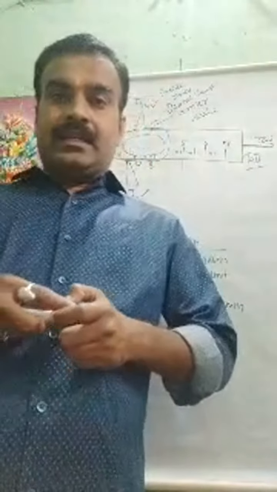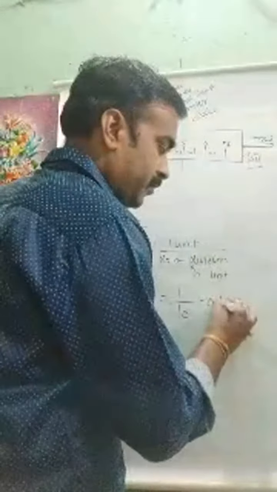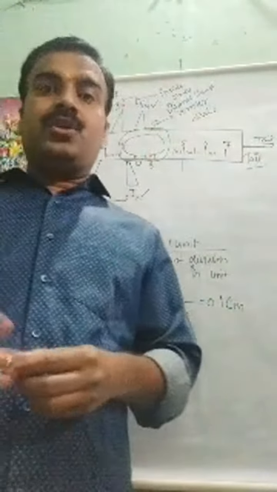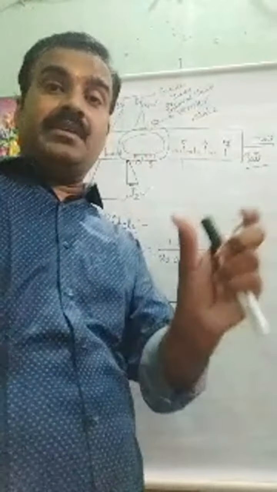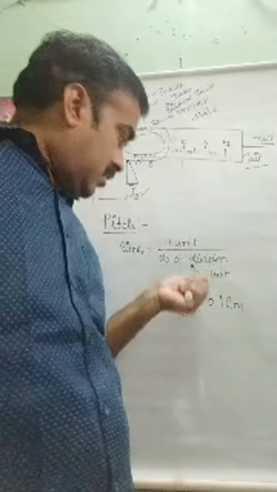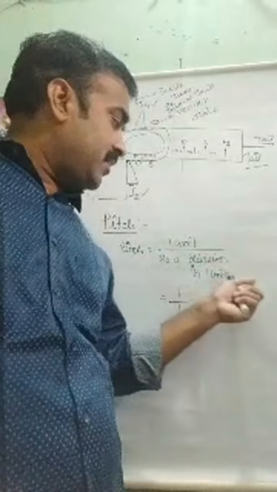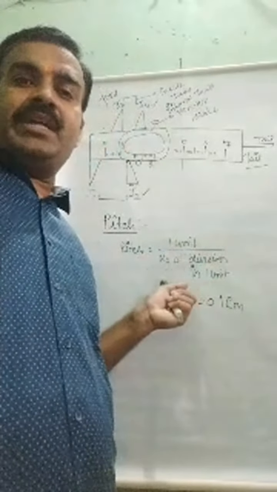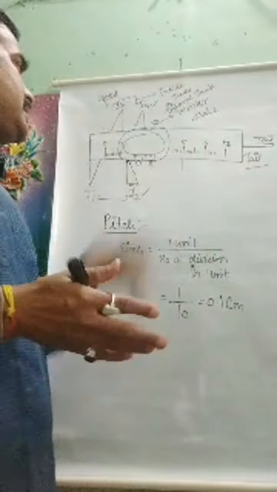0.1 centimeter, not millimeter. Because 1 unit, 1 centimeter, consists of 10 divisions. So pitch equals 1 unit upon number of divisions in 1 unit.